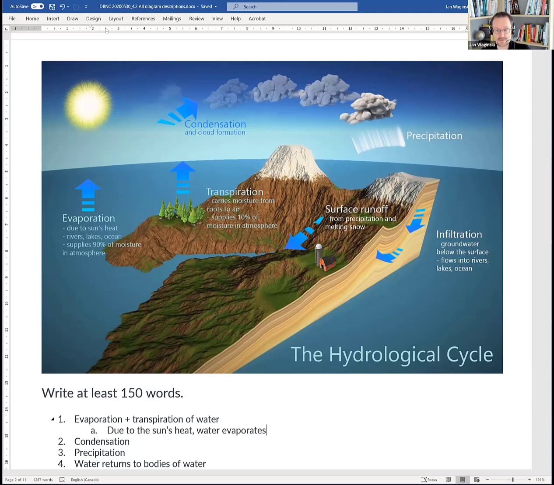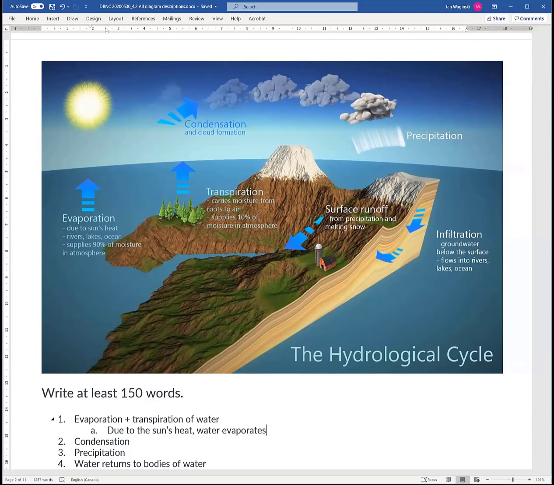So it's not specific water that we're talking about. So water evaporates. Water evaporates and carries the moisture.